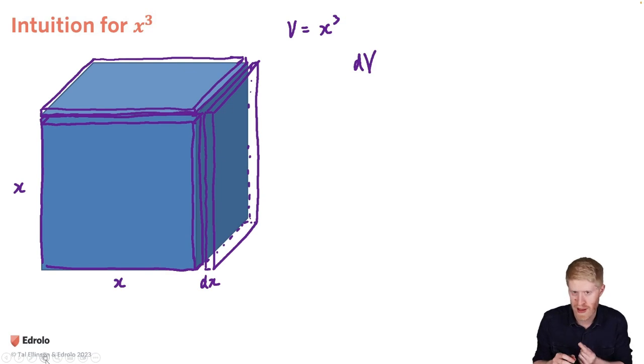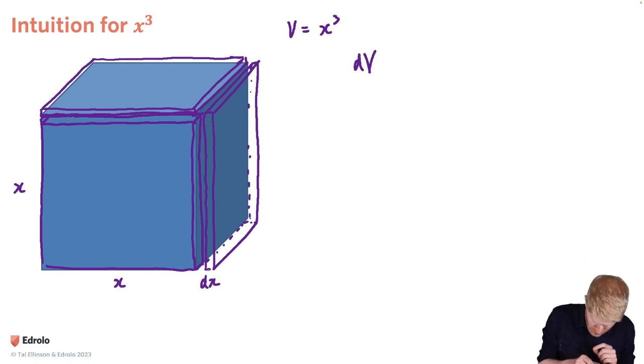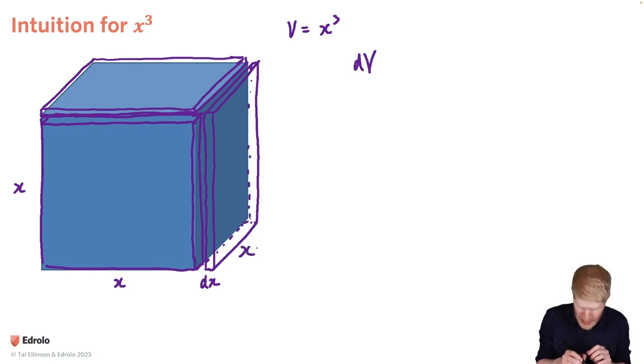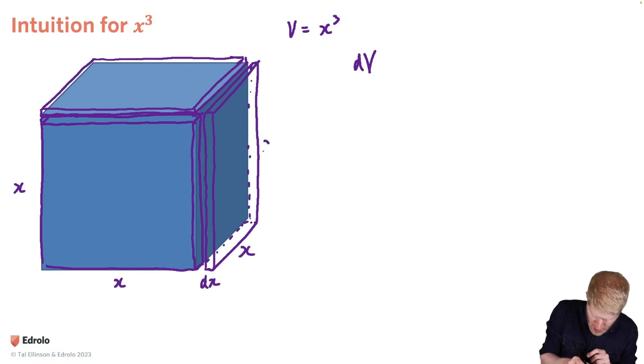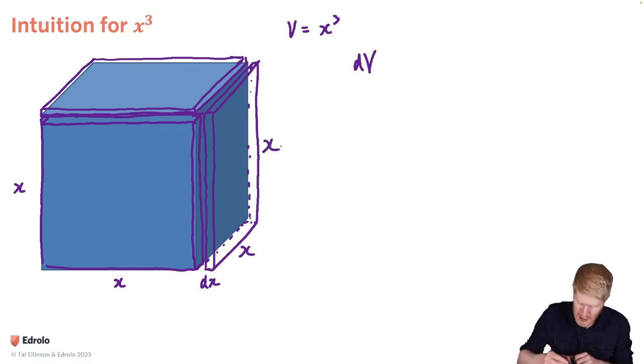What's the new volume from each of these shapes? Well, if we just take the one on the right, we've got dx there. Its length along the bottom is x, and then the height going up is also x. So we can say that the resulting change in volume from a little shift in x is going to be 1x times dx.